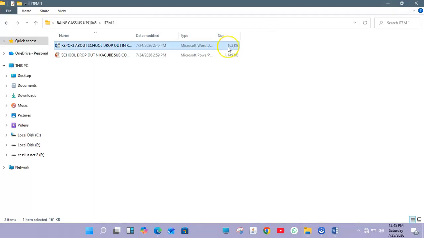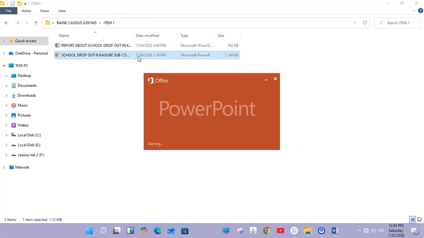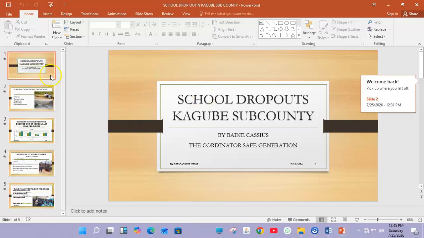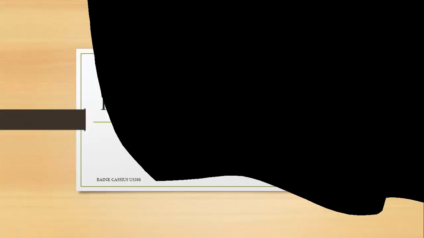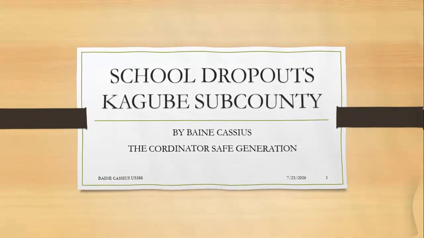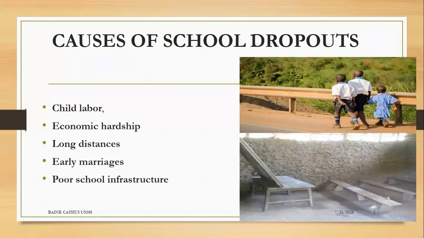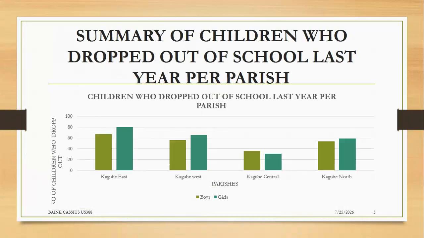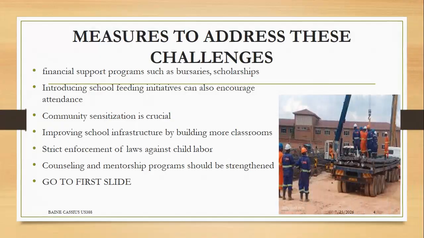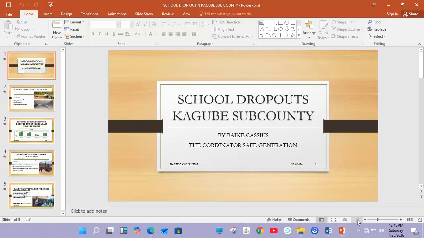And then also a PowerPoint presentation which the coordinator will use to present their concerns, a PowerPoint presentation that at least can convey the message. I think you can see that literally. This is it for number 1.